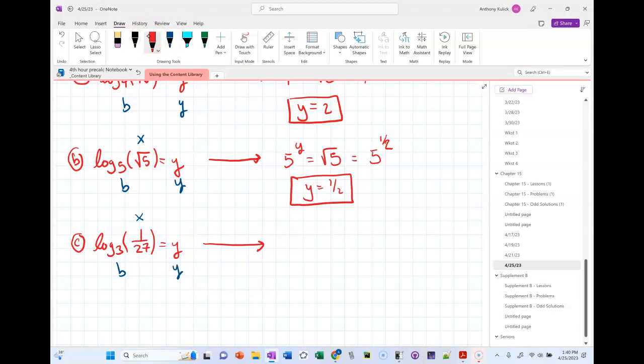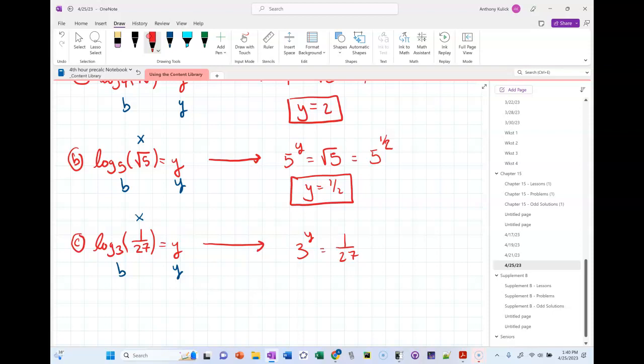I'll label my b, x, and y. So I can rewrite this as 3 to the y is equal to 1 over 27. Now this one's a little bit trickier to see, right?